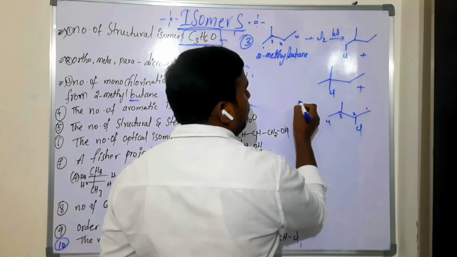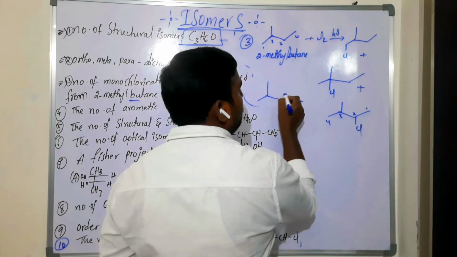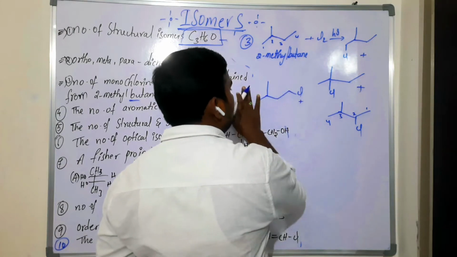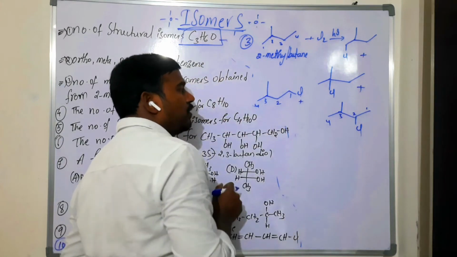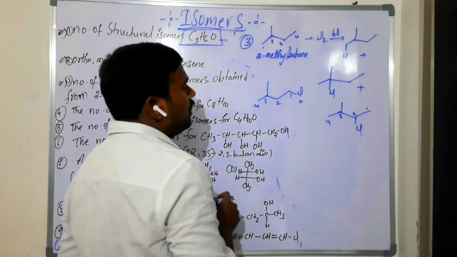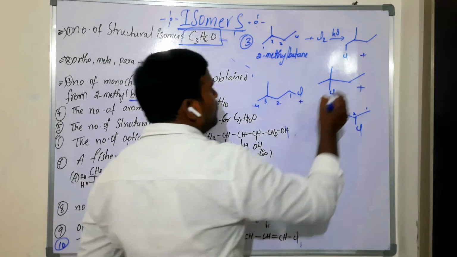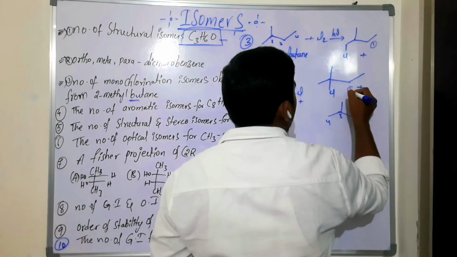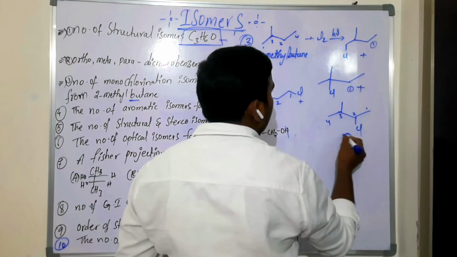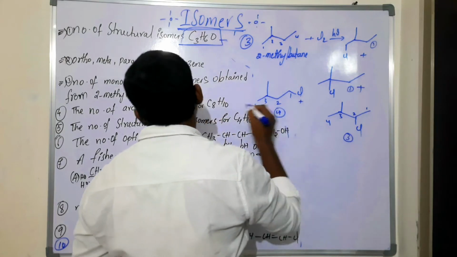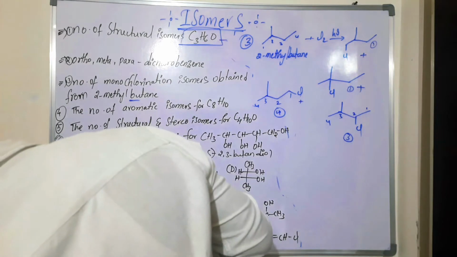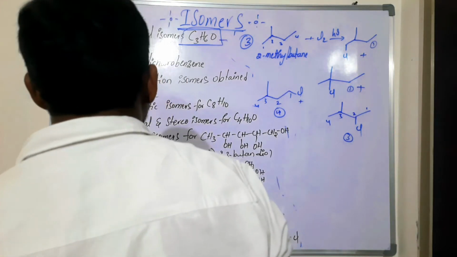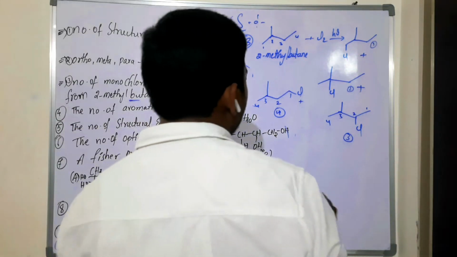The next compound is 1-chloro 3-methyl-butane. So the total of how many isomers are we getting? This is the first, second, third, and fourth. Total of 4 isomers are possible for 2-methyl-butane.